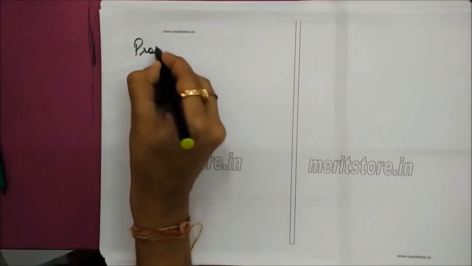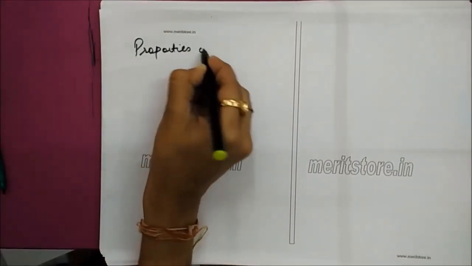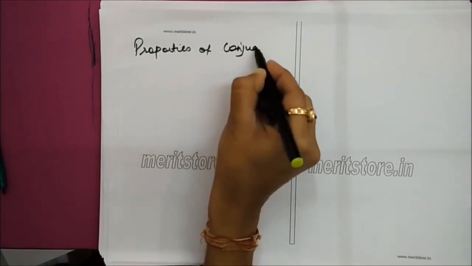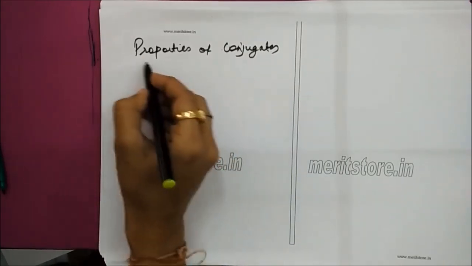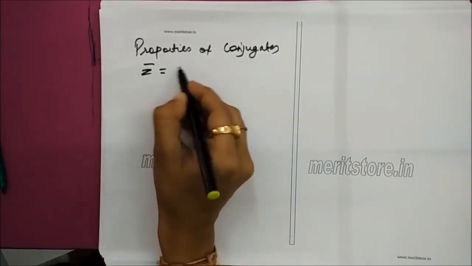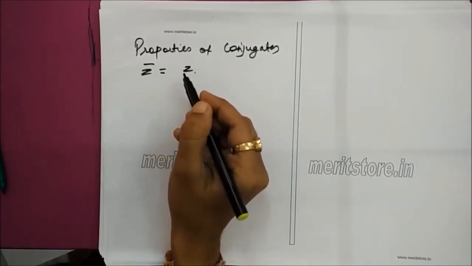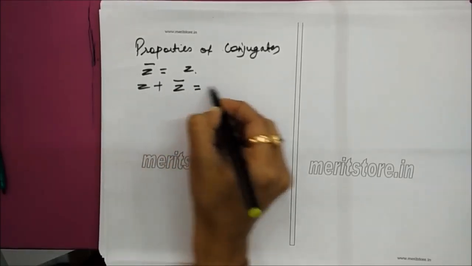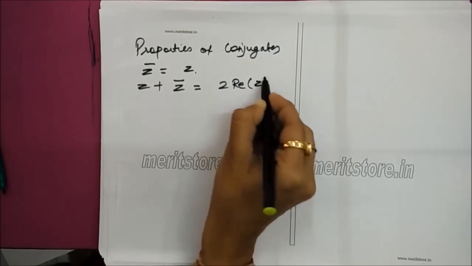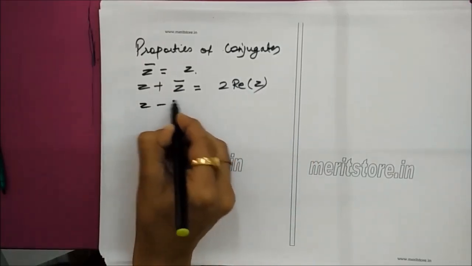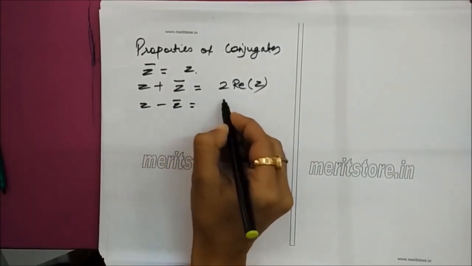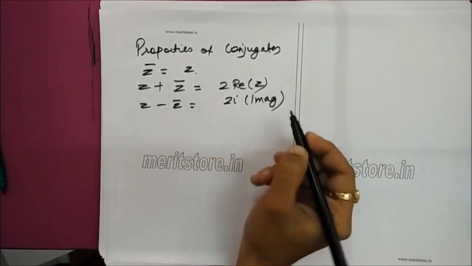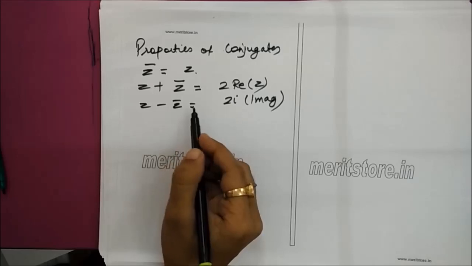Next is the properties of conjugates, which we have discussed a little bit. Conjugate of z will be similar. Z plus z bar is 2 times the real part of z. Z minus z bar is equal to 2i times the imaginary part.